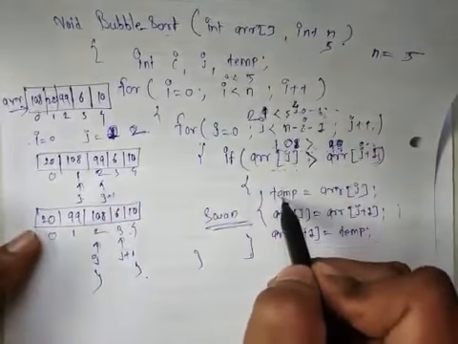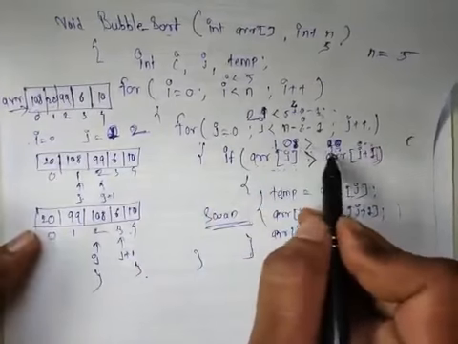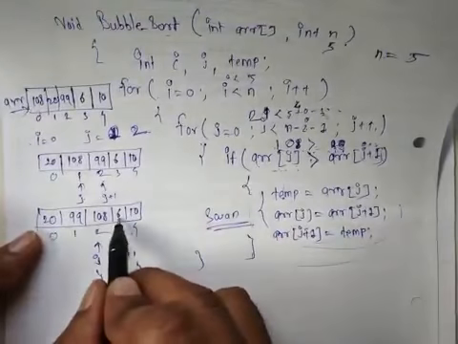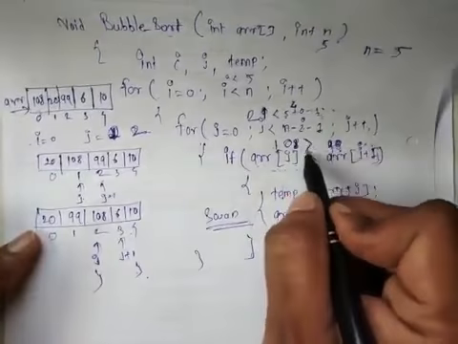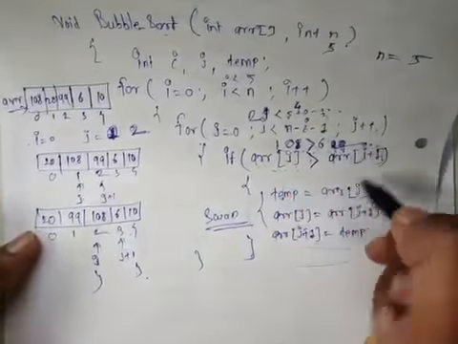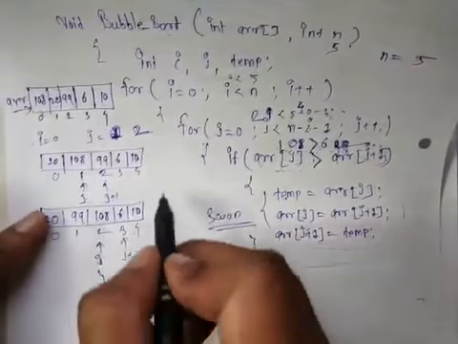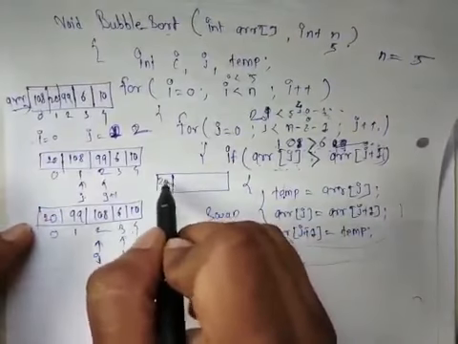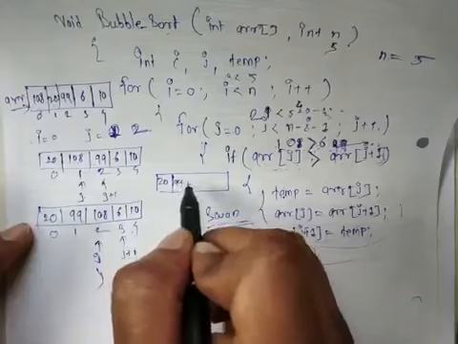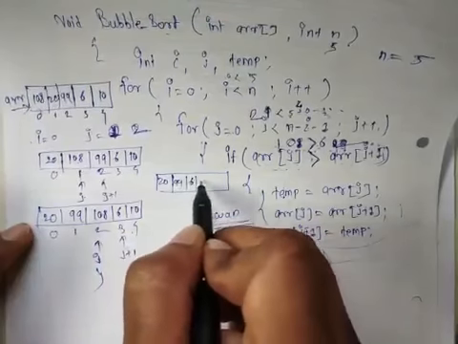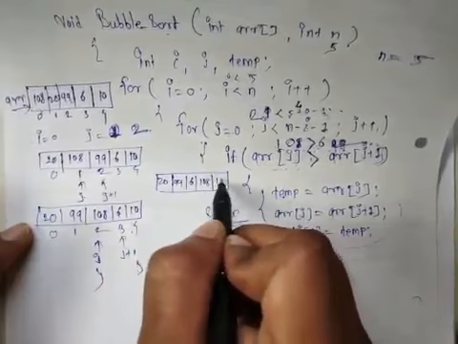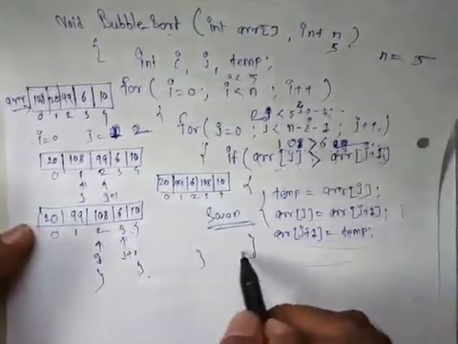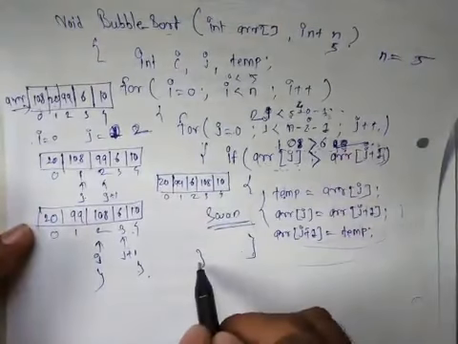Jump to the if, if array of j. j is pointing to 108 and j plus 1 is pointing to 6. So 108 is greater than 6, condition satisfied. It will swap the positions. So now I am writing this array: here comes 20, 99, 6, and 108, and 10 as it is, at indices 0, 1, 2, 3, 4. Now end of the if, end of the for loop, j plus plus.